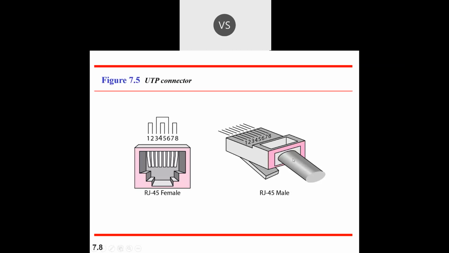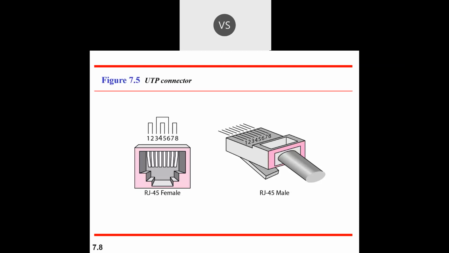This type of connection is available. The female connector is available in your laptop or PC, while the male connector is available on your cable, which is provided by the service provider.